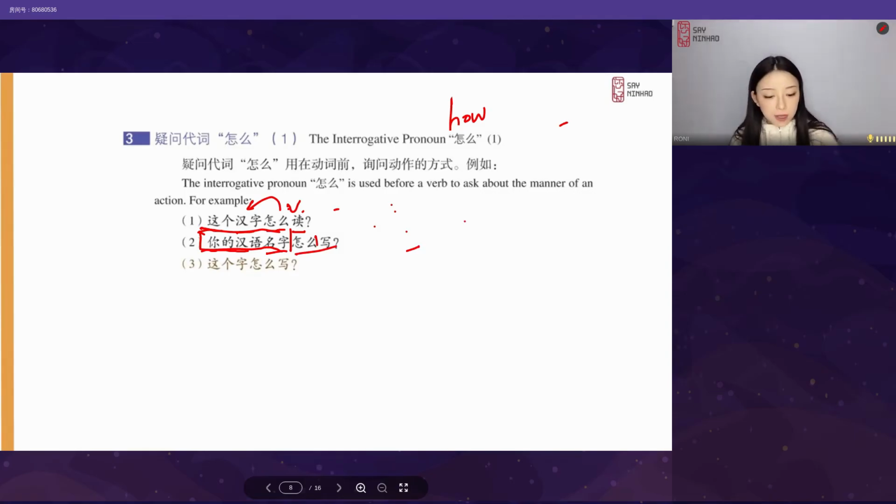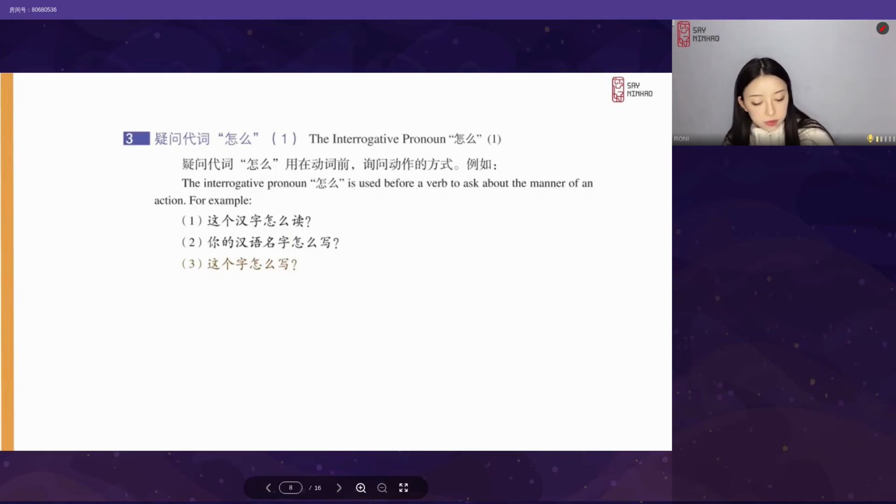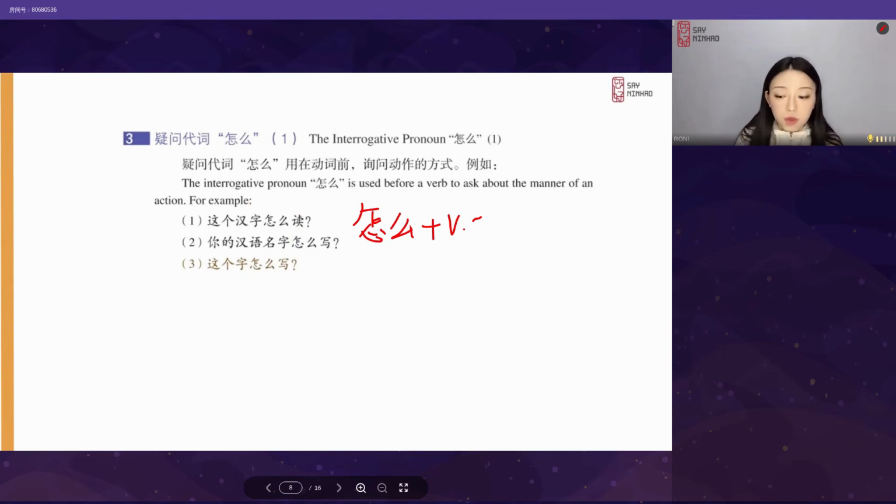We just learned it today. So we can see the structure of 怎么. The interrogative pronoun 怎么 is 怎么 plus a verb after it. Okay, I will write it bigger here. 怎么 plus a verb. This is the structure of it.